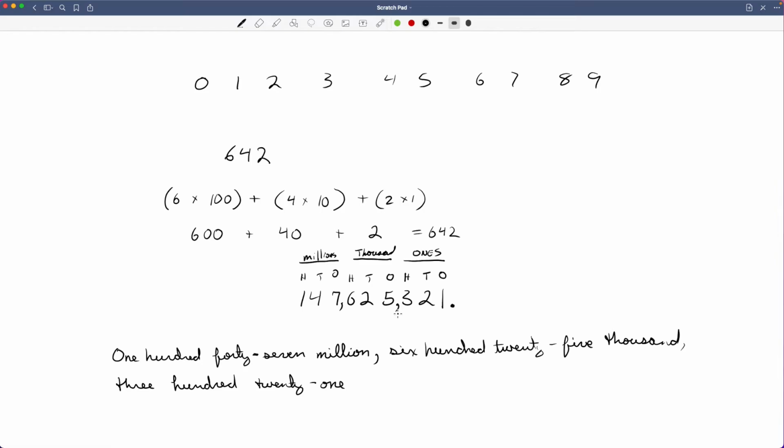And then understanding where to put the commas shows that we understand the place and the pattern of those place values. And then understanding how to say it also further illustrates the values of the numbers and the groups and the patterns that they are in. So all of this is important.